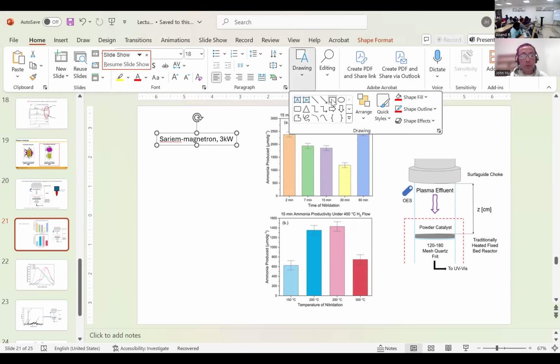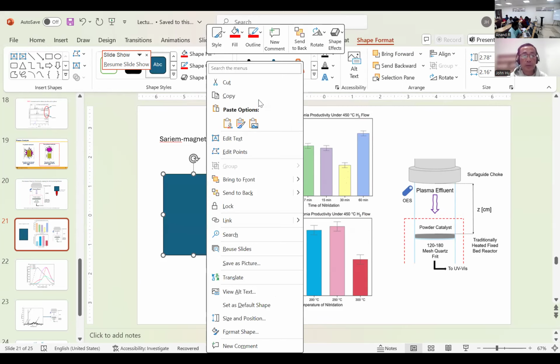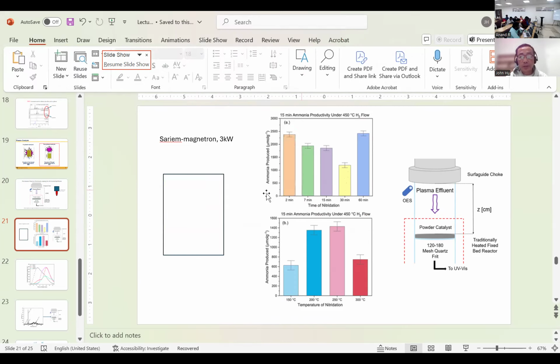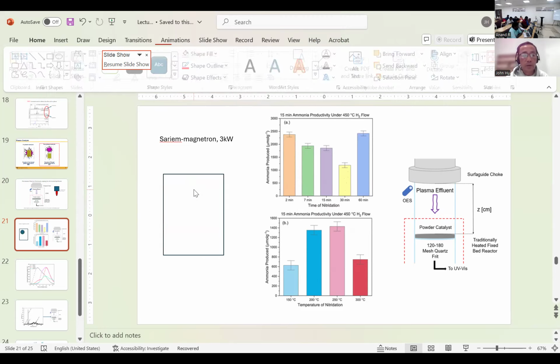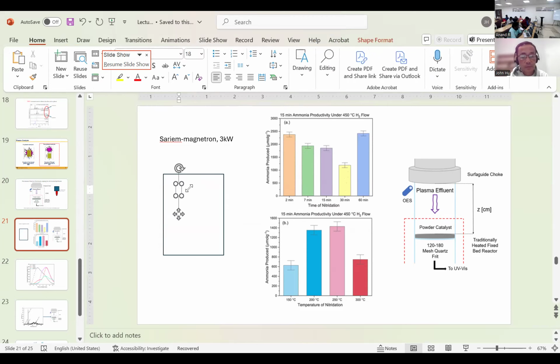Okay. So this is your chamber. I'm going to make it disappear. So this is basically your reactor chamber. Then I'm going to draw these molecules. N2 and N2, you have a lot of these all over the place.